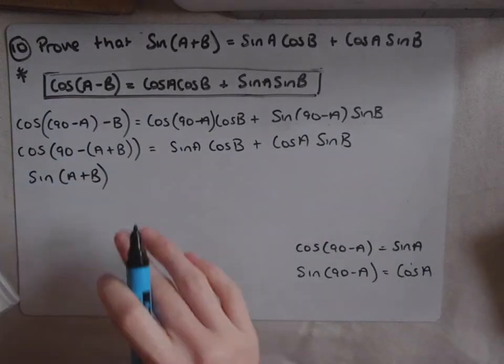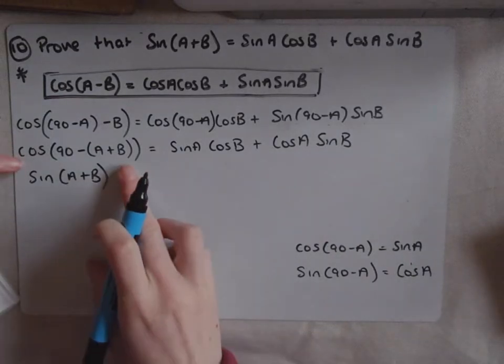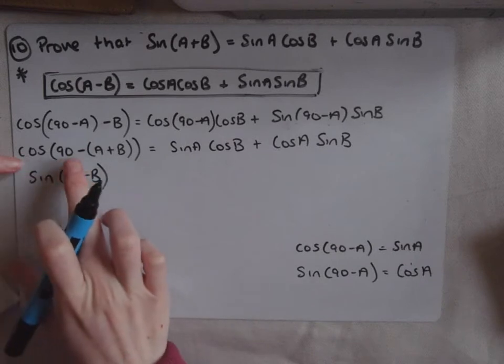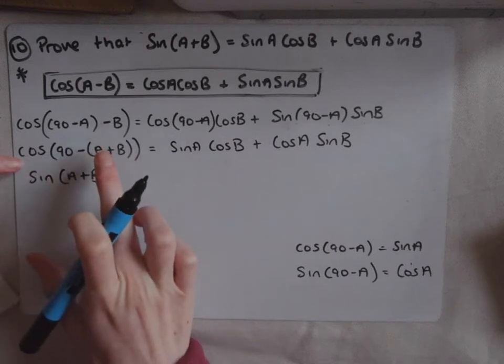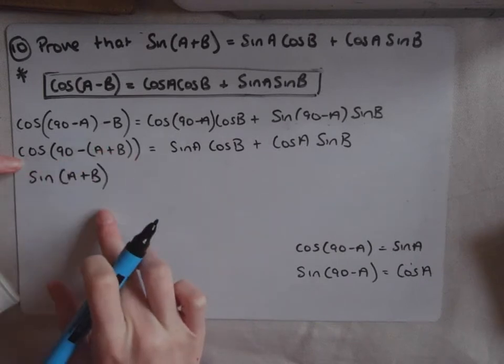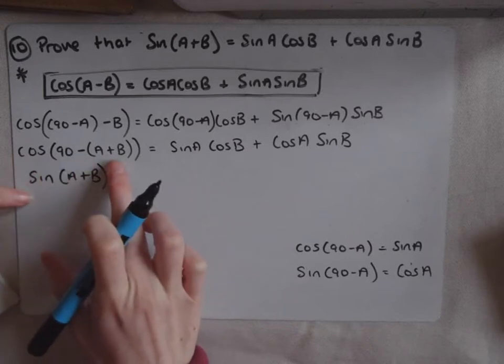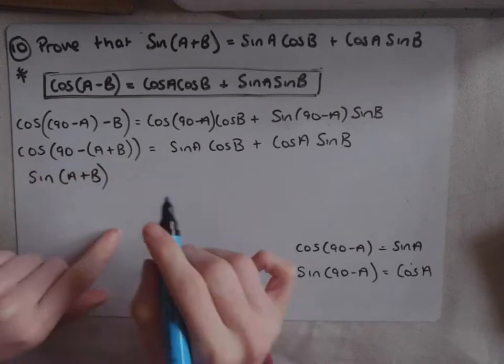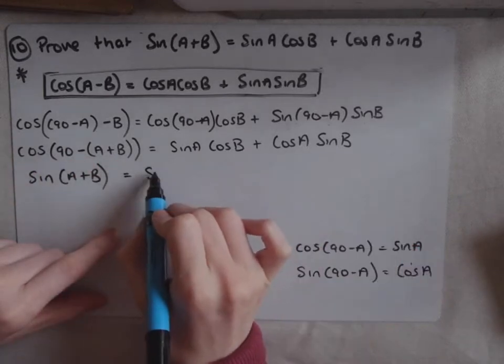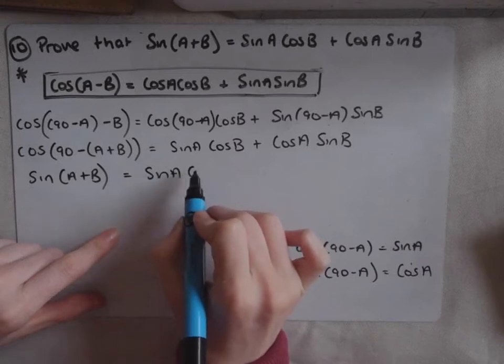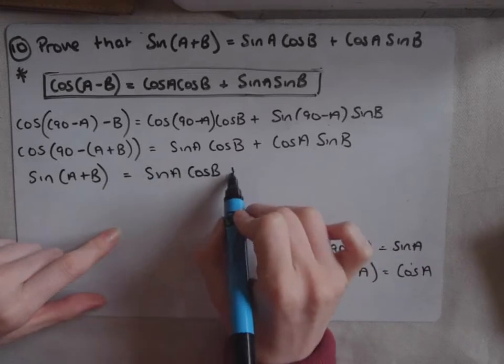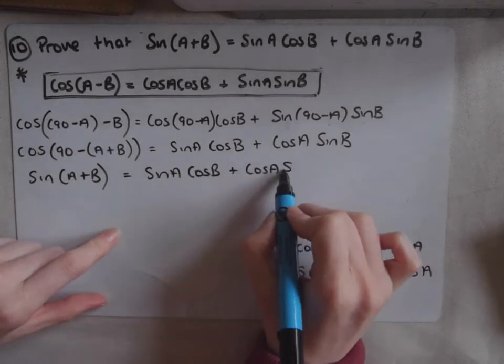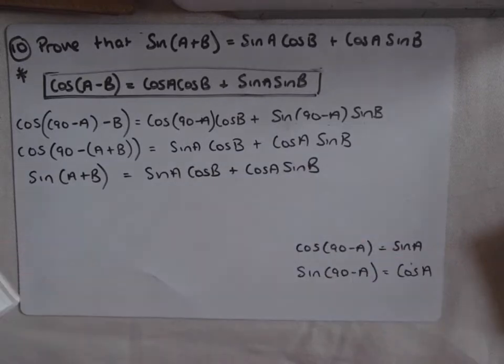And your last step, which we've already actually done, we've said cos of 90 minus an angle is the same as sine of the angle. So cos of 90 minus A plus B is sine of A plus B, and I don't need to do anything else except write that out. Okay, so I've that proven now.